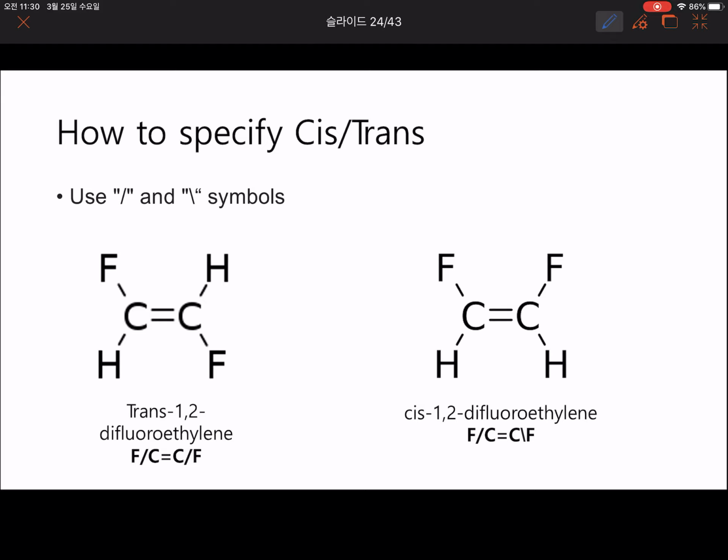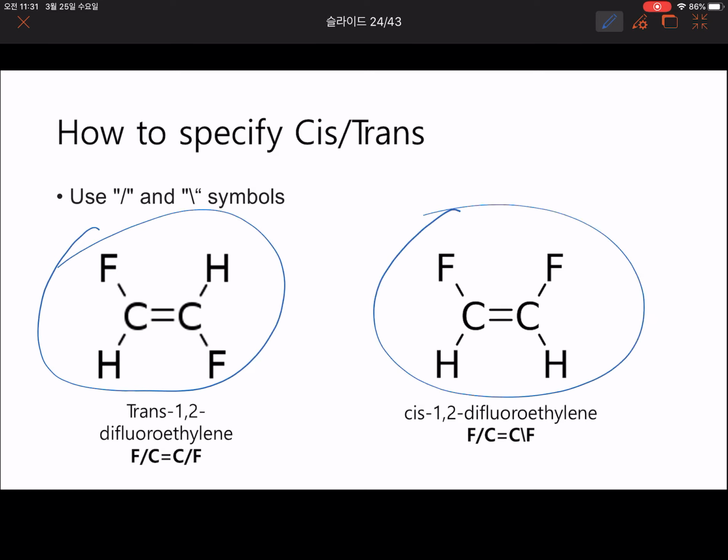And also another thing we should specify when we represent a molecule is how we specify cis and trans, okay? And cis and trans are actually easy. Let's say we have these two isomers, and this one is a trans molecule and this one is a cis molecule.